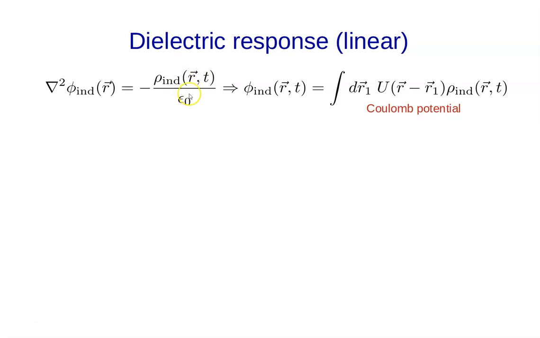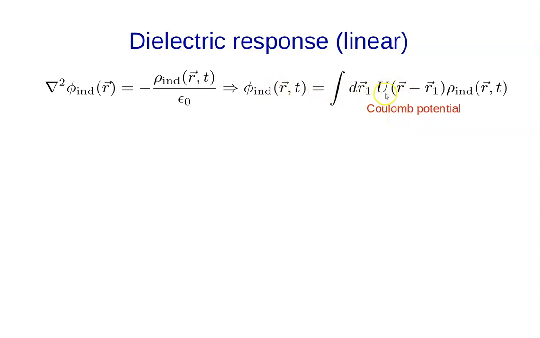These are like classical Green's functions, and when the source is a delta function, the Green's function is the Coulomb potential. So we can solve this as an integral equation like this. So yet another application of Green's functions here, but it has nothing to do with our retarded and advanced Green's functions, just a comment.